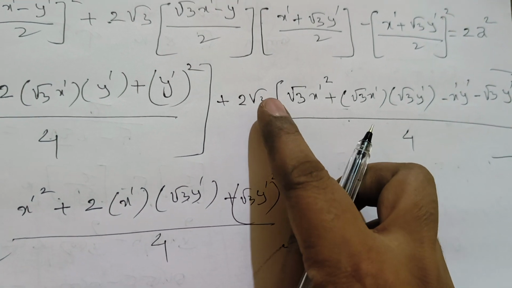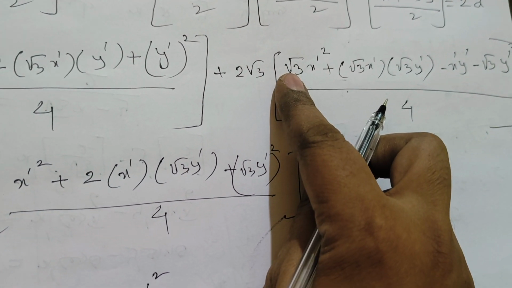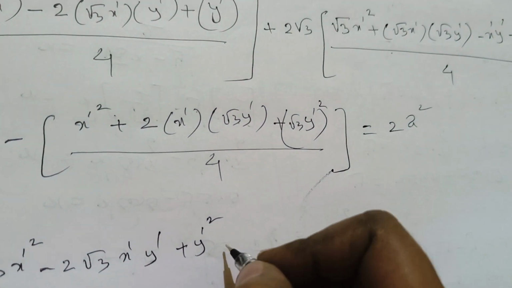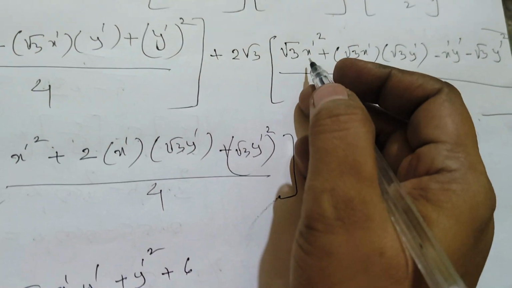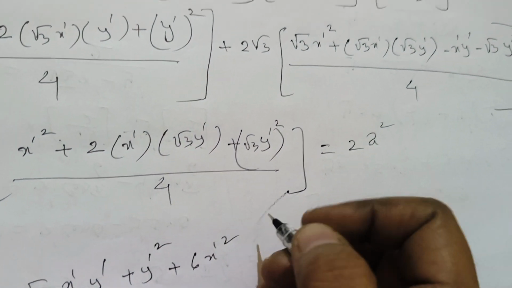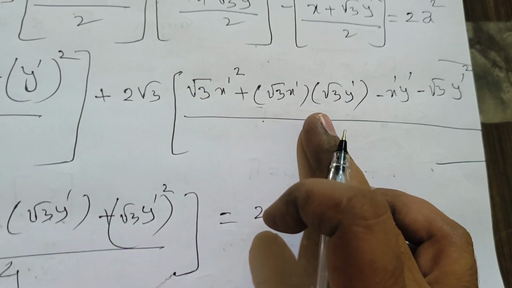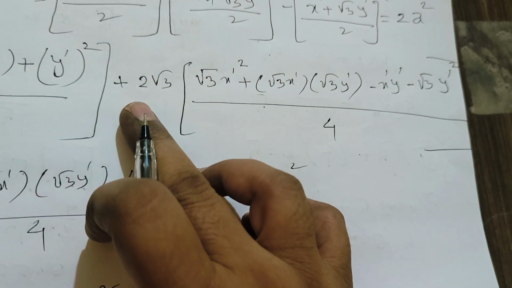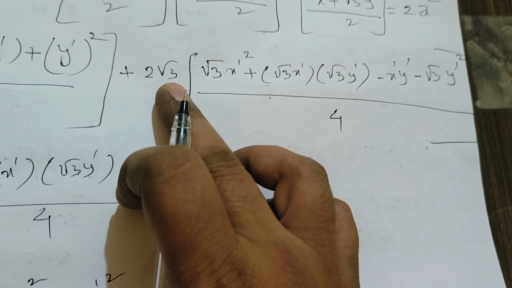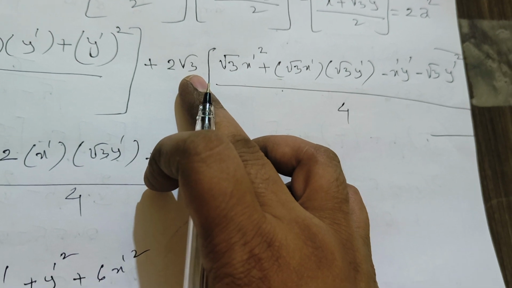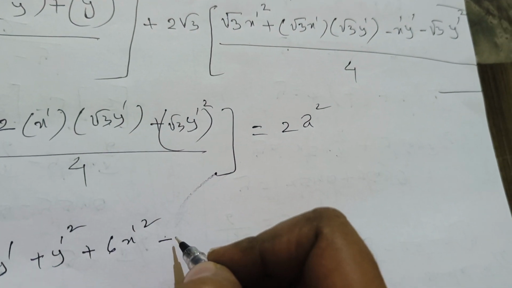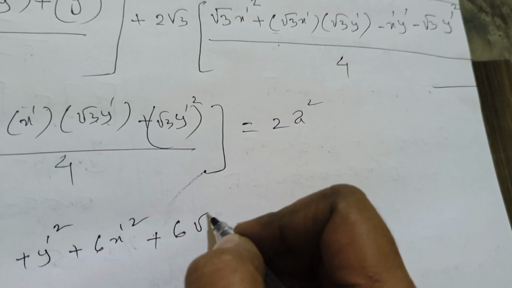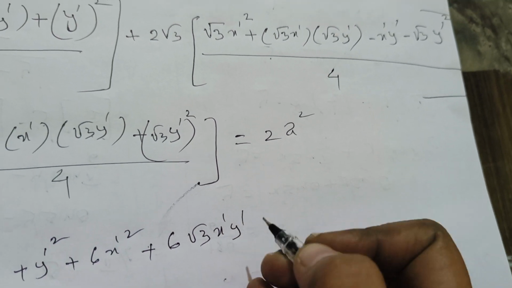Now open the next bracket. Root 3 times root 3 becomes 3. 3 twos are 6, plus 6 x dash square. Then 3 twos are 6 and again this root 3 gives 6 root 3 x dash y dash.